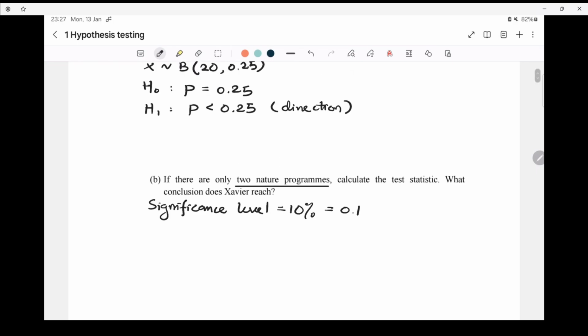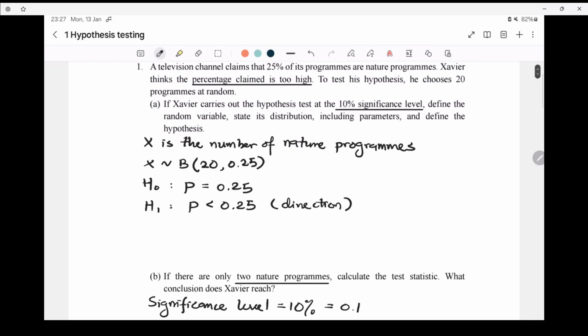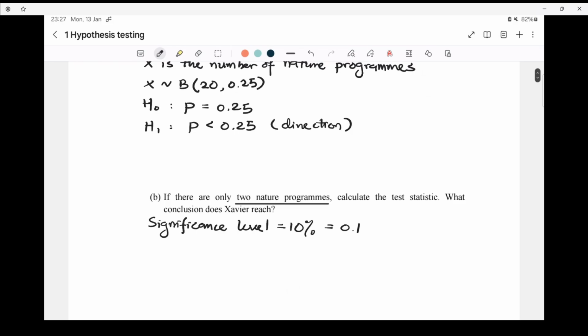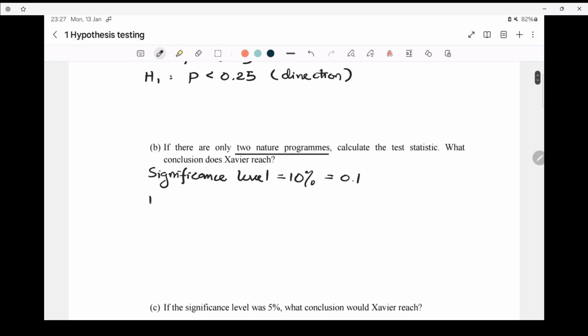So the direction is to the left because he claimed that this is too high. So what you need to calculate is P(X ≤ 2). If this probability is less than your significance level, then it means that you need to reject your H0, and indeed there are fewer natural programs than being claimed, which is 0.25.